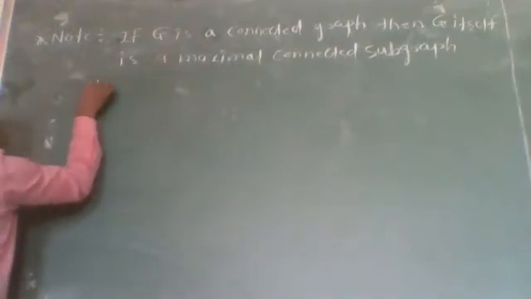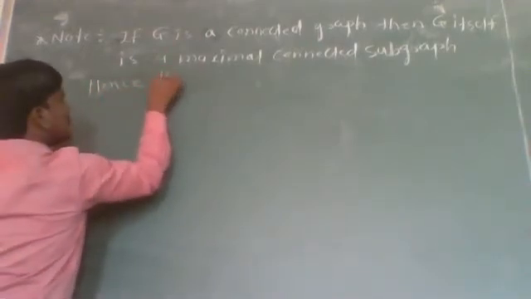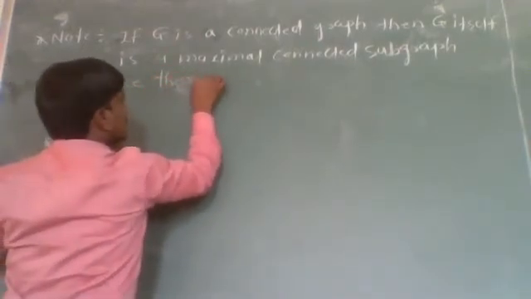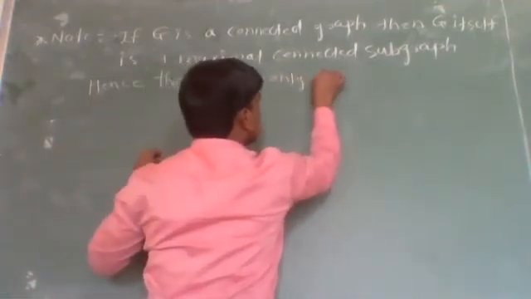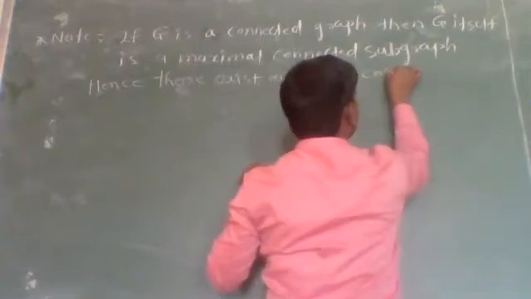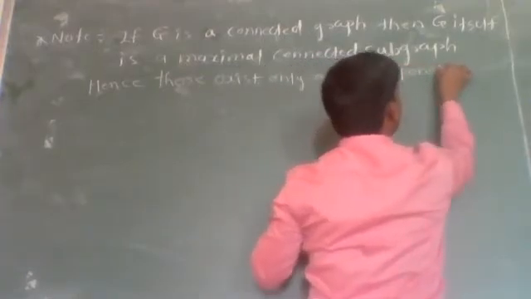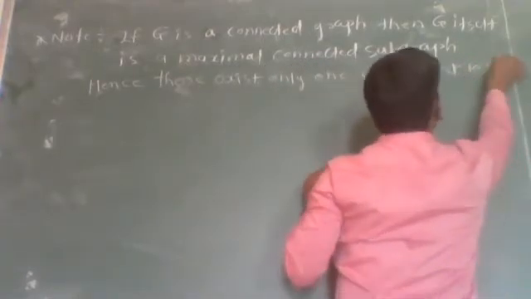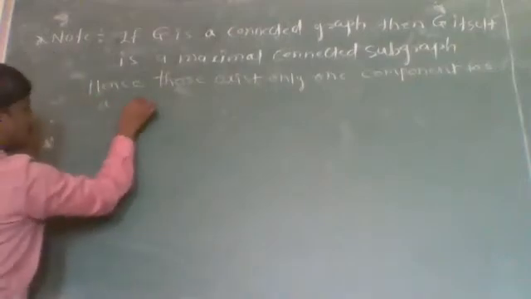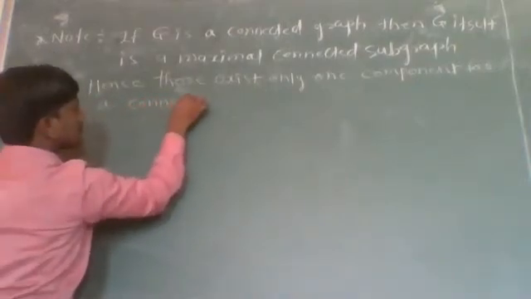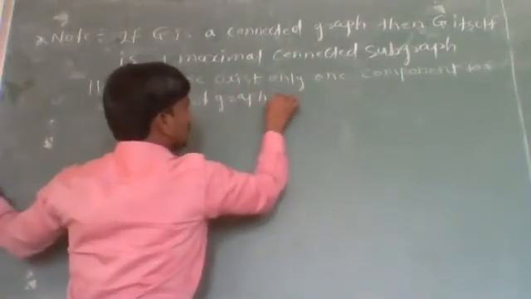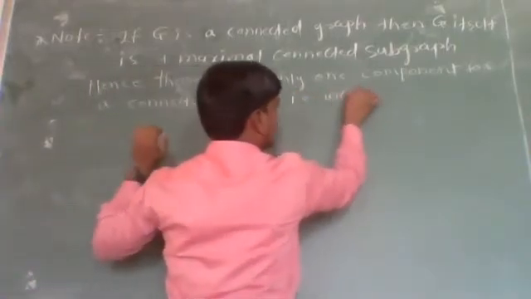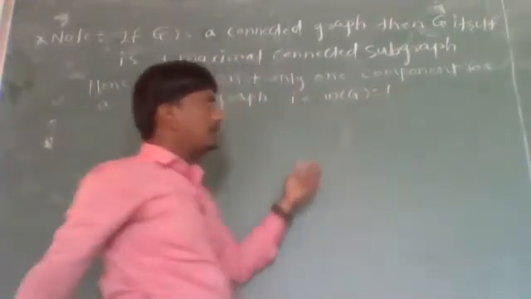Hence, there exists only one component for a connected graph. That is, the number of components of a graph G is 1 if G is a connected graph.